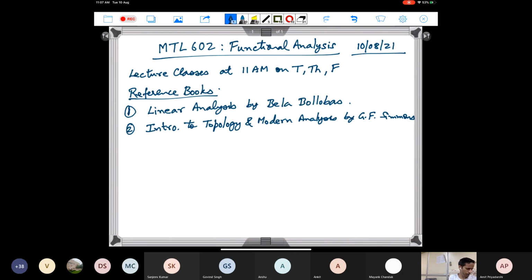From this book, part 1 is on topology. In part 2, chapters 9 and 10 mainly we will be covering. You can look at chapters on Hermitian operators.